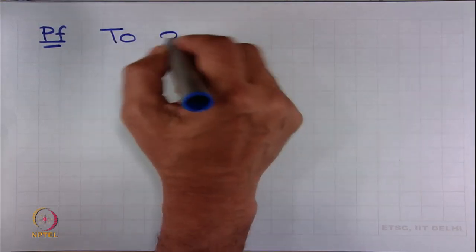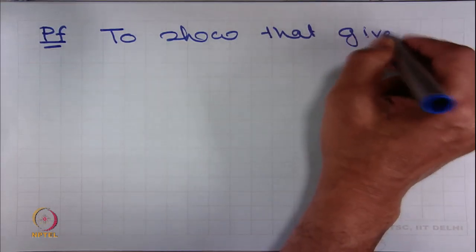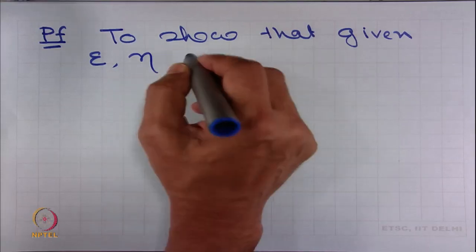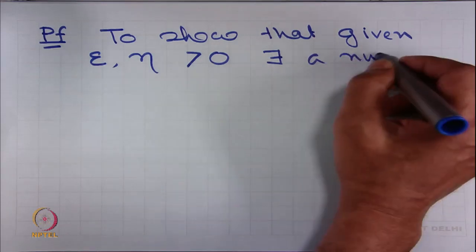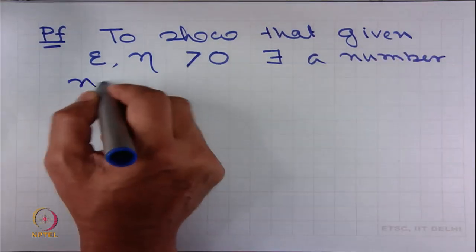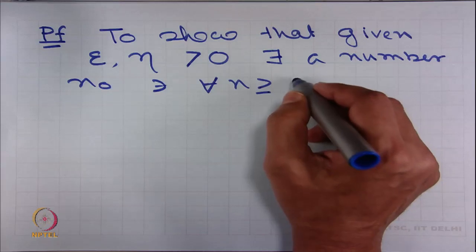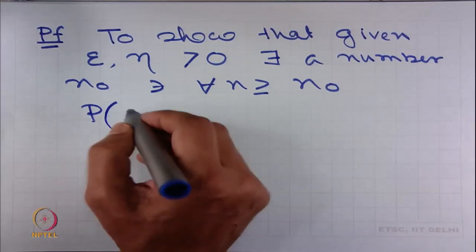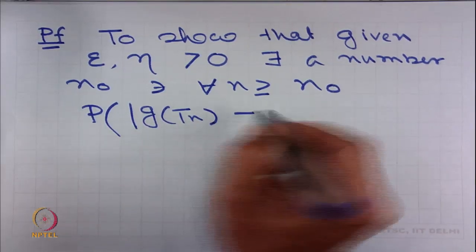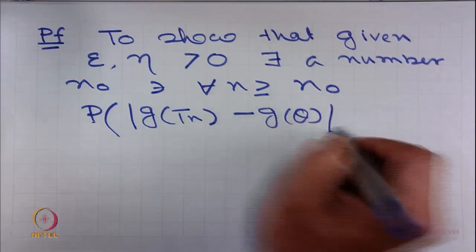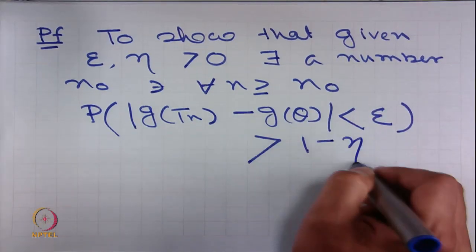To show that, given epsilon and eta greater than 0, there exists a number n naught such that for all n greater than or equal to n naught, probability modulus of g(T_n) minus g(theta) less than epsilon is greater than 1 minus eta.